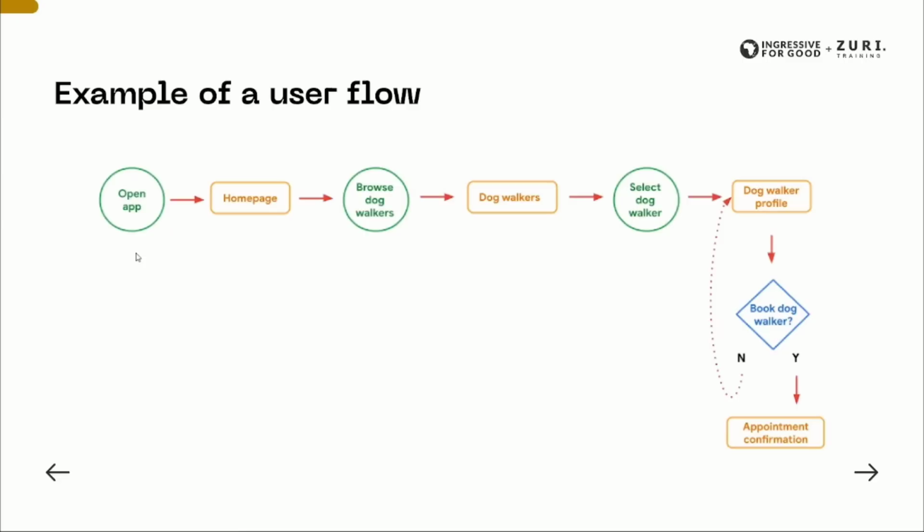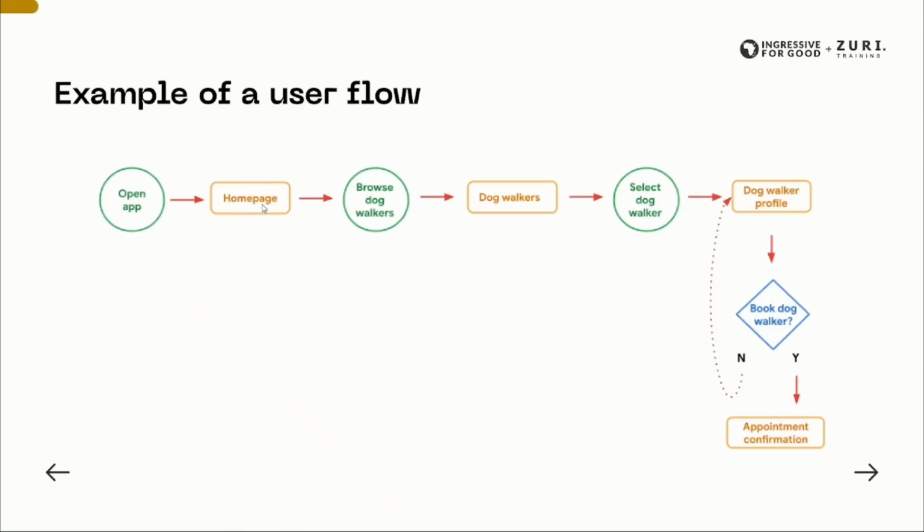The action in this case is the user opening the app. The next line is drawn to indicate that the user is moving forward to the next element: a screen that shows the user the home page. Since this is a screen, it is represented by a rectangle.